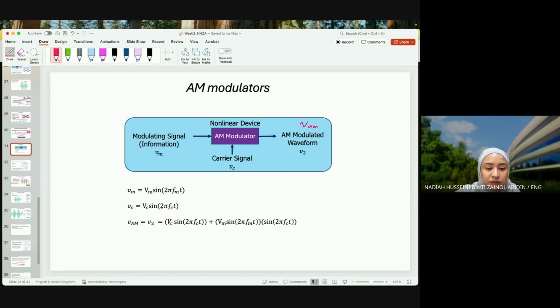So VAM is VC sine 2 pi FCT plus the modulating signal times the carrier signal without the VC. That's just how the equation is, and it describes our AM wave. If you plug in all the values, you would get this exactly.